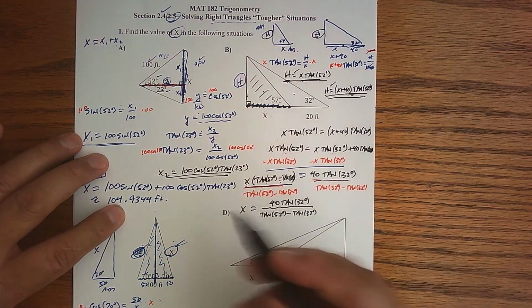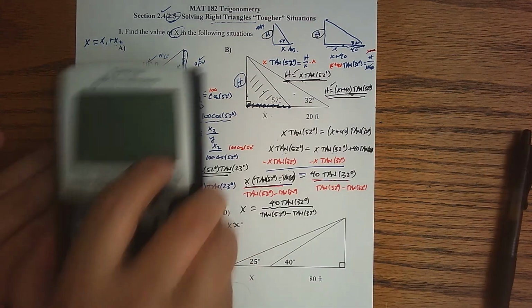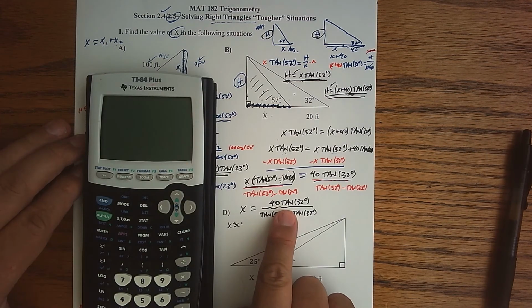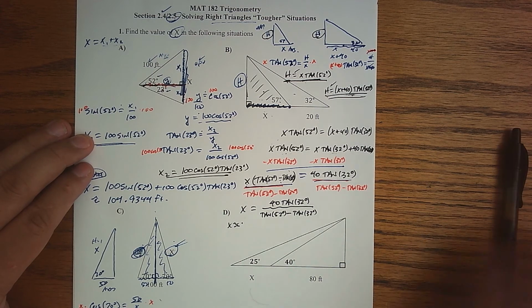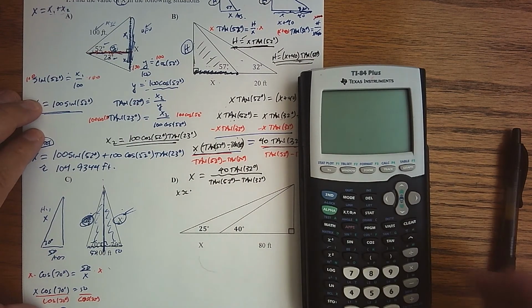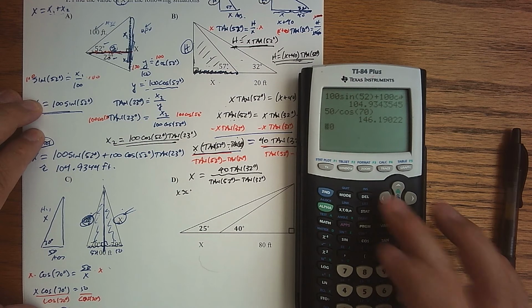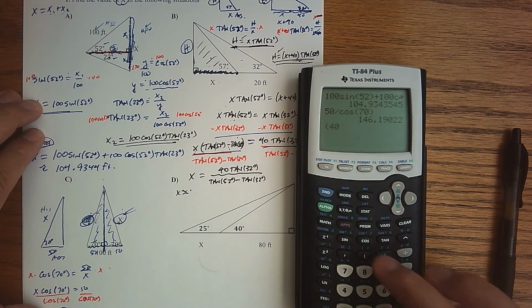Of course, to get my estimate here, I'm going to have to make use of some parentheses. So let me try to get that all into one page, right? So we probably put parentheses, oops, let me turn it on, parentheses 40 tangent of 32, right?